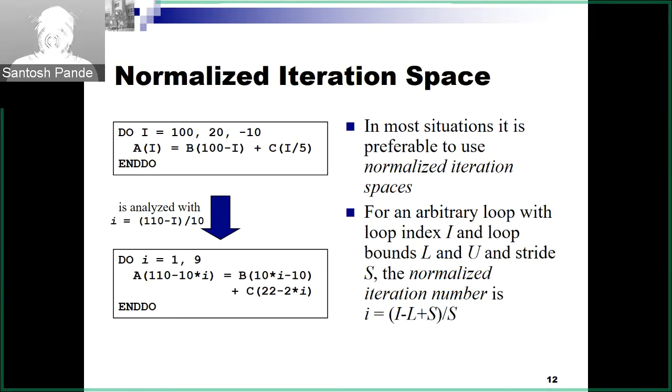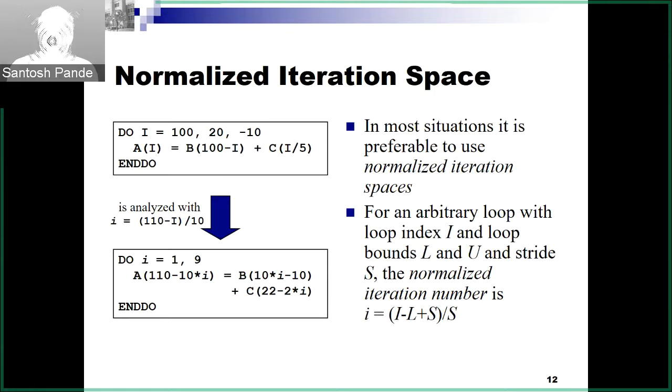And then it has references with this I dimension inside the loop body. What we'll do is we will normalize the space. What is a normalized space? A normalized space always starts with 1 as the lower bound, and it ends at a certain upper bound. And it always has a unit stride. That is the definition of a normalized space.